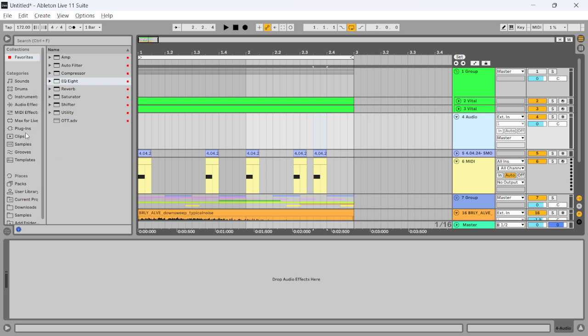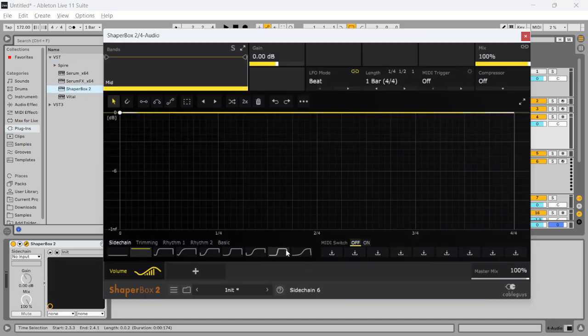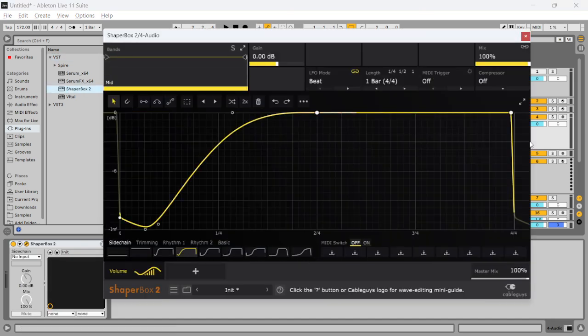For that, I'm going to use Shaperbox. Actually, Shaperbox, bop. Something very snappy. Like this, bop. No, the thing is, I want this to end like this. Yes.